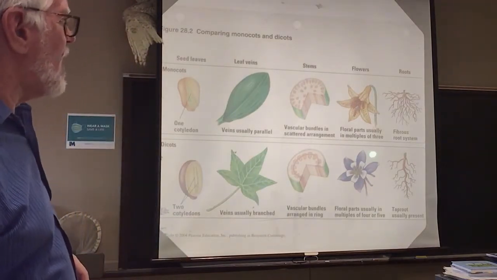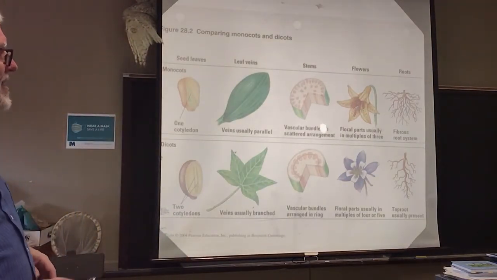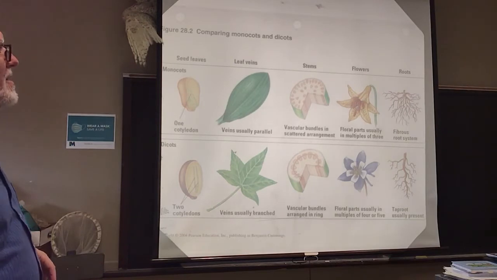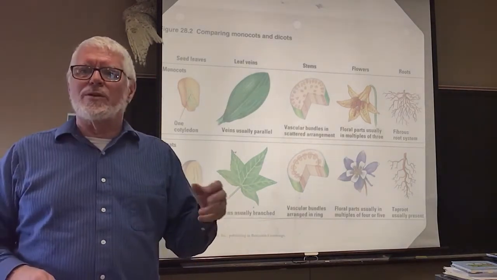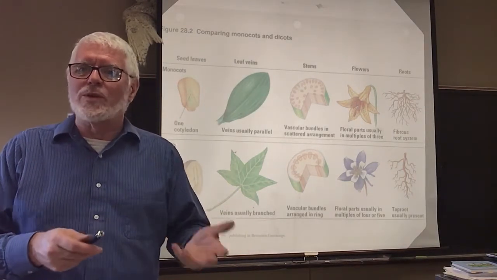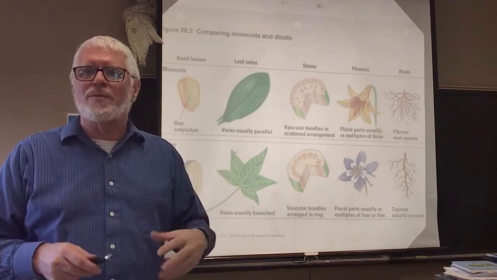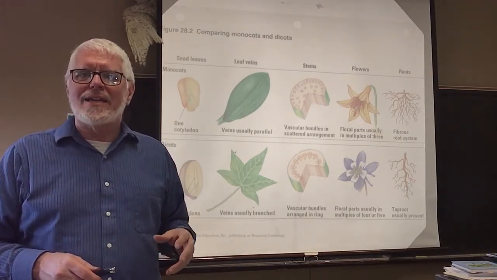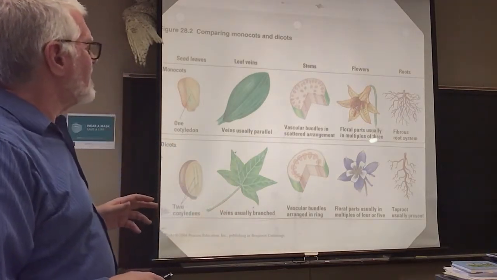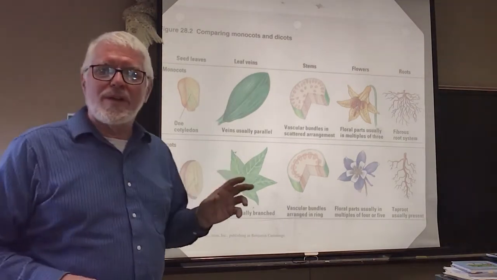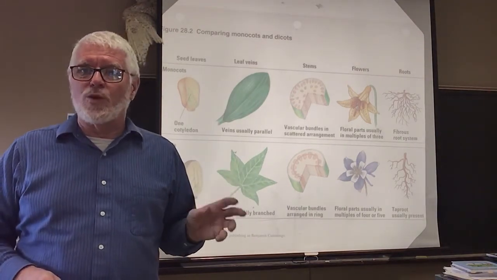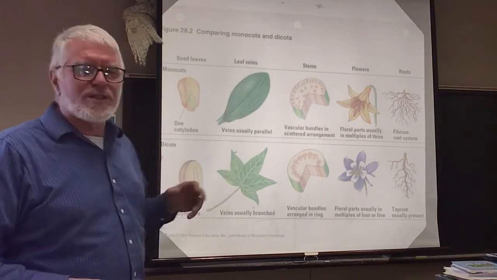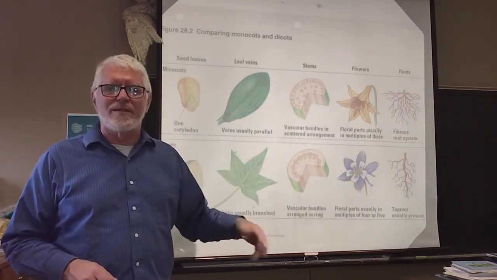When you are looking at flowers, here's another mysterious thing. The parts, so the petals, the anthers, the ovules inside the ovaries, there's all sorts of different parts to a flower. And in the monocots, the number is divisible by 3. So 3, 6, 9, 12, 15.